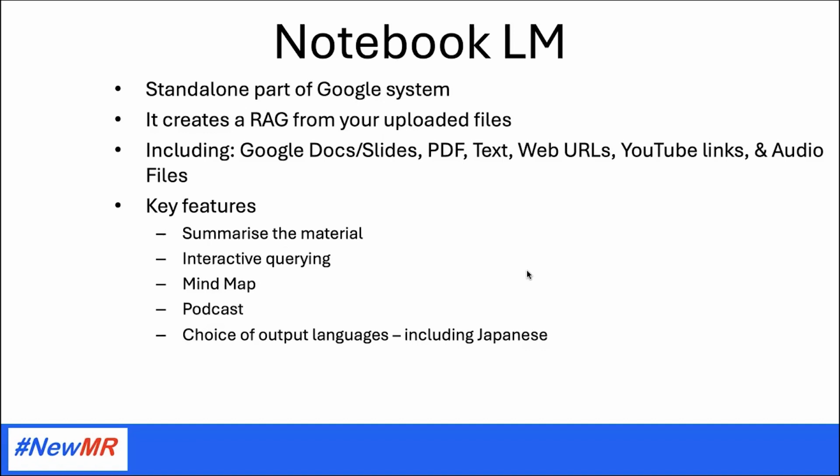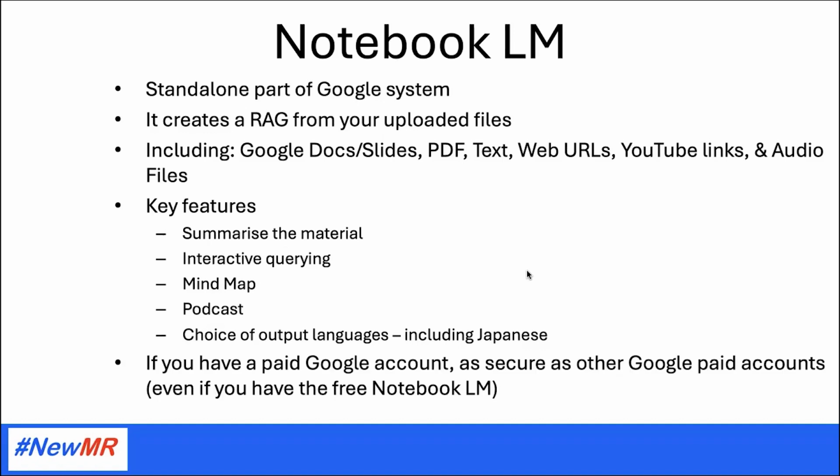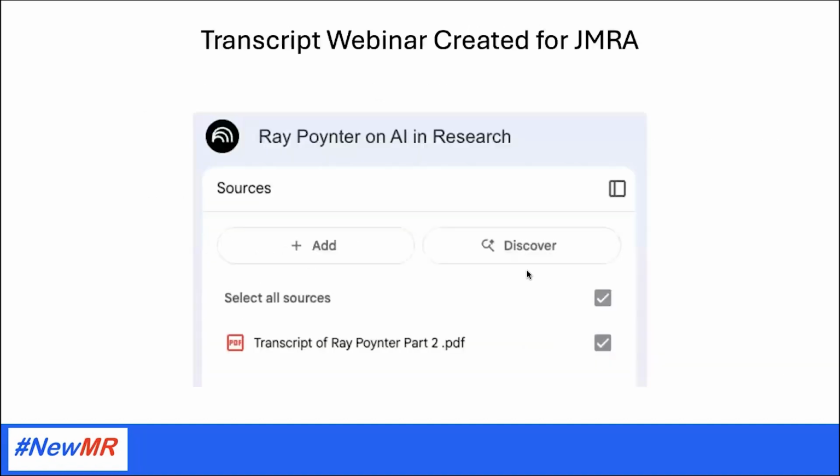You can choose the output language. And I was in Japan a couple of weeks ago, so we read lots and lots of documents in English, but we asked for all the outputs to be in Japanese. So this is the point about it being secure if you've got a paid account. So what I did was I uploaded the transcript of a webinar that I had created, and I uploaded that as a PDF to Notebook LM.